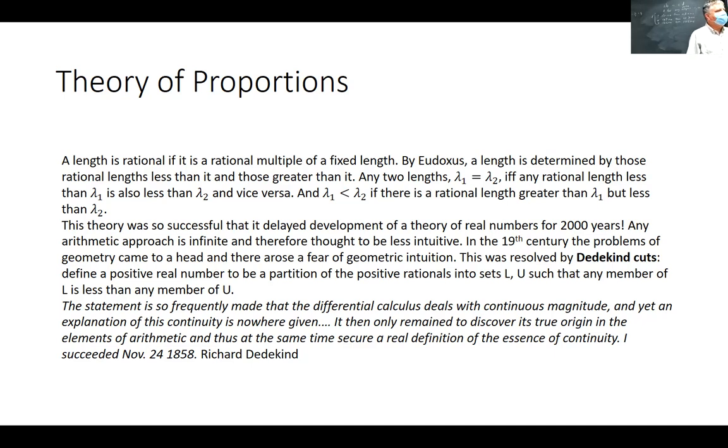It shouldn't be an axiom. And the trouble is, of course, that in non-Euclidean geometries, parallel lines do meet. And so in the early 19th century, along came non-Euclidean geometries. And all of a sudden, geometry was no longer the bedrock that it used to be.